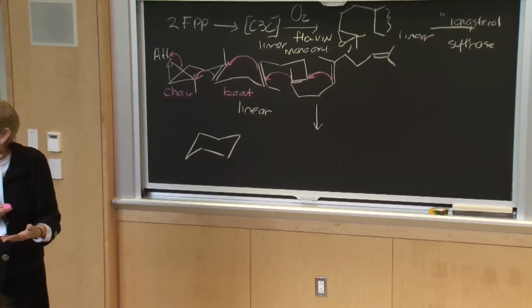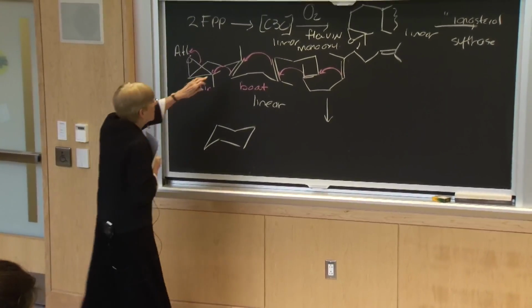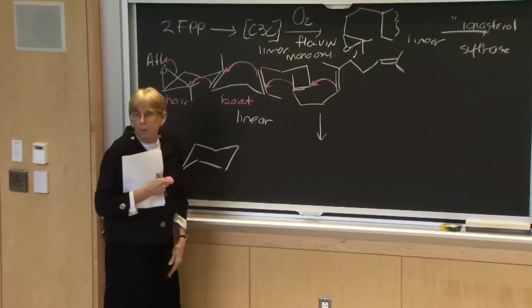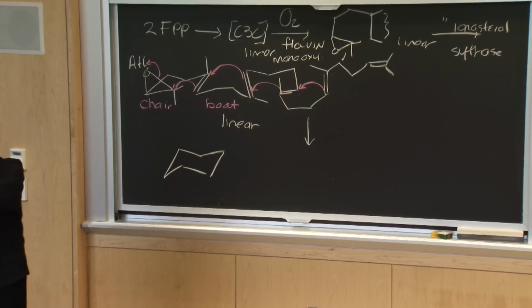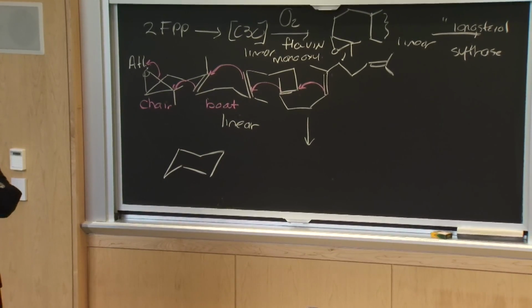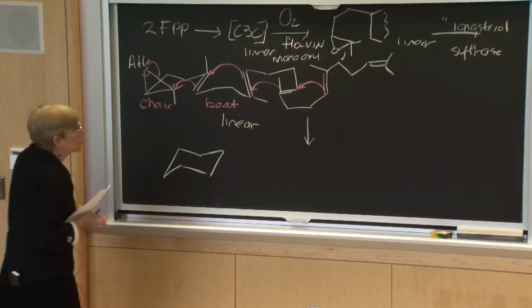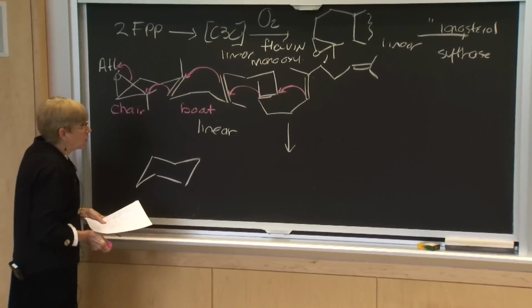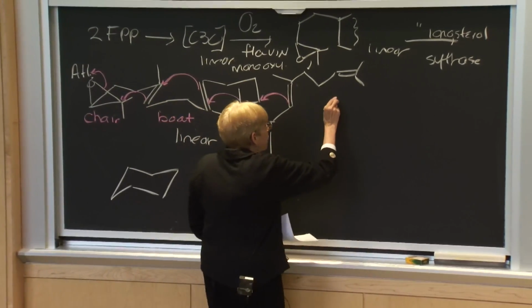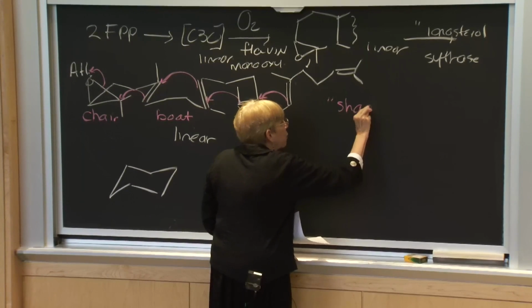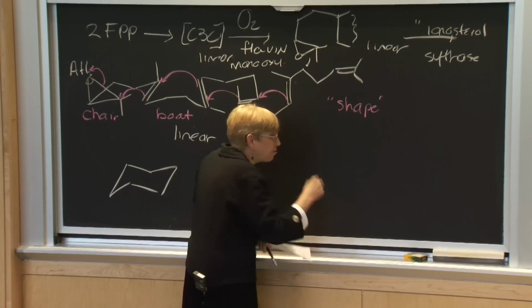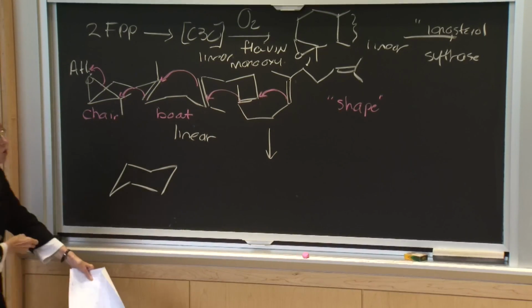And you can also have aromatics that could potentially, I'm not drawing out all these intermediates, but could potentially facilitate not only the conformation, but stabilization somewhat of the intermediates that you observe along the reaction pathway. So here's another example of the importance of shape to defining the chemistry that's actually going to happen.